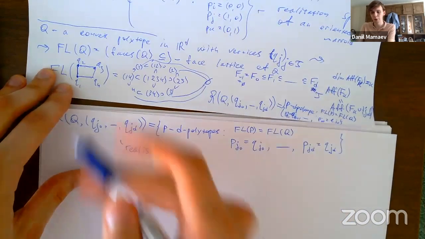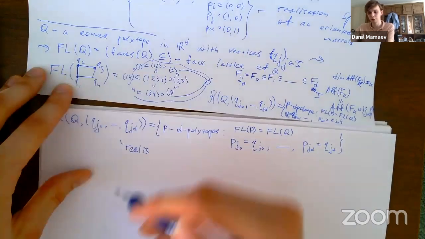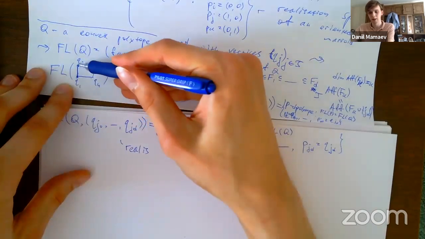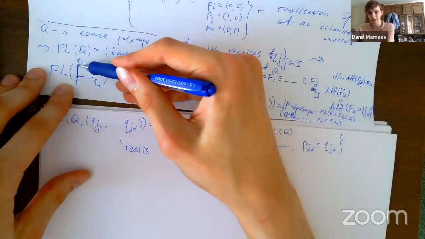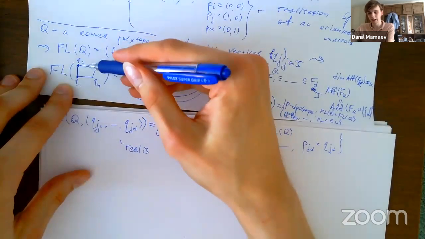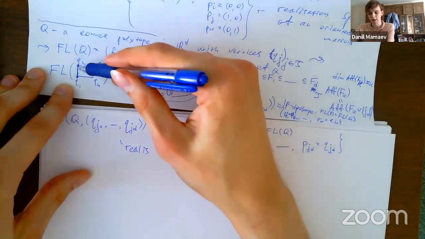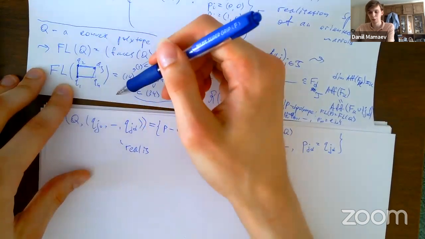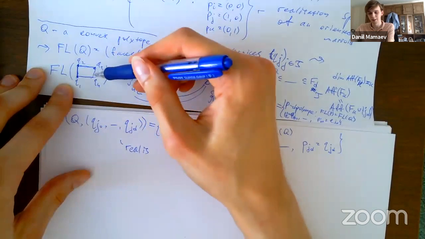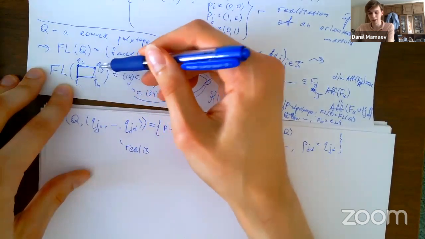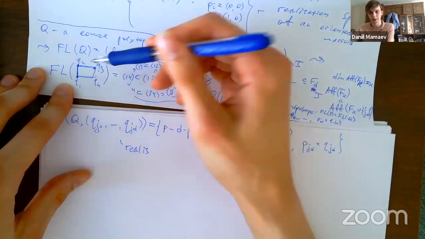So first we choose a vertex, then we choose an edge that contains this vertex. Then we choose a two-face containing this edge. There are 4 vertices there, but we choose only one. It's Q3, and so on.